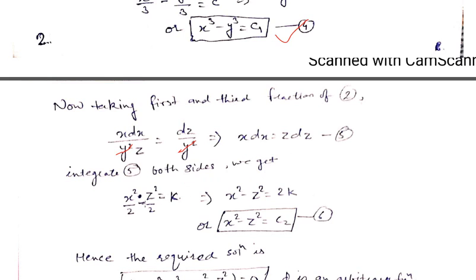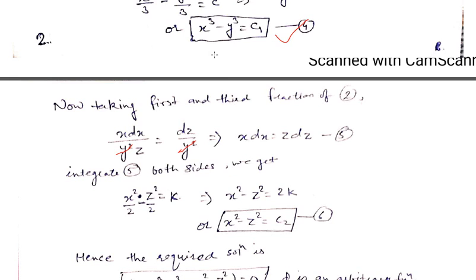When we integrate this, we get x square by 2 minus z square by 2 is equal to k. It gives us x square minus z square is equal to 2k. Here k is an arbitrary constant, so 2k is also an arbitrary constant, and the other integral is given by x square minus z square is equal to c2. So from here u is x cube minus y cube and v is x square minus z square.